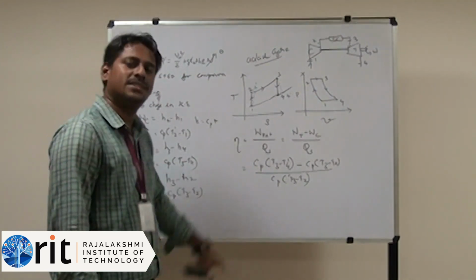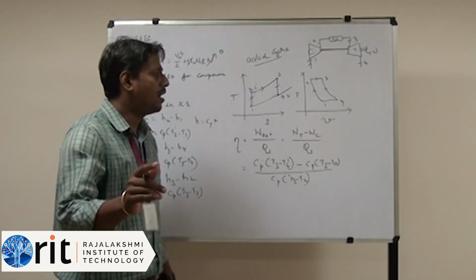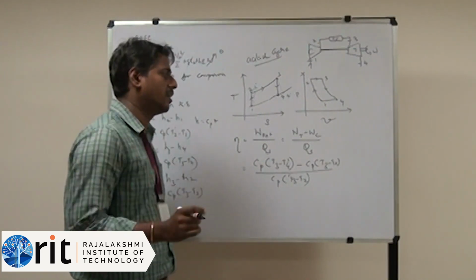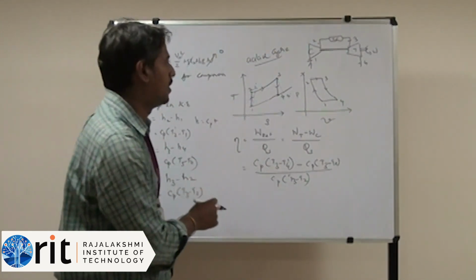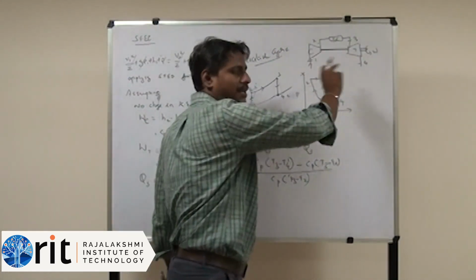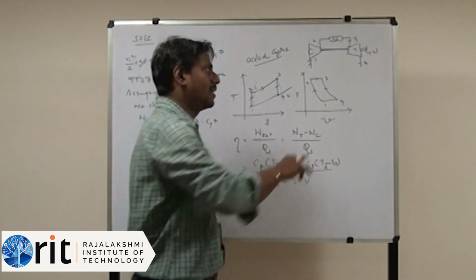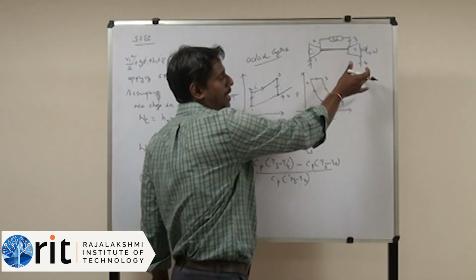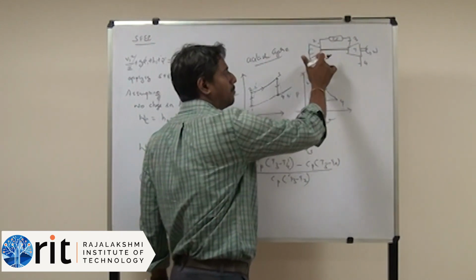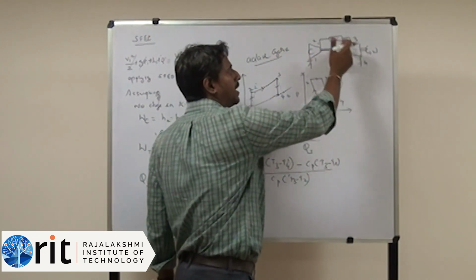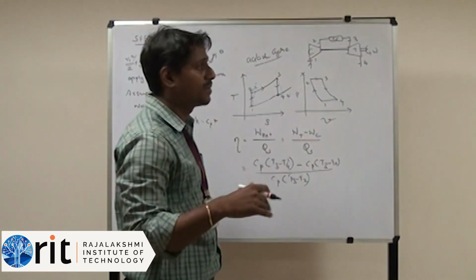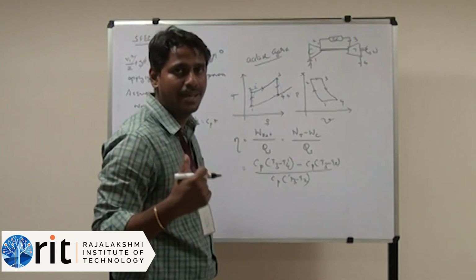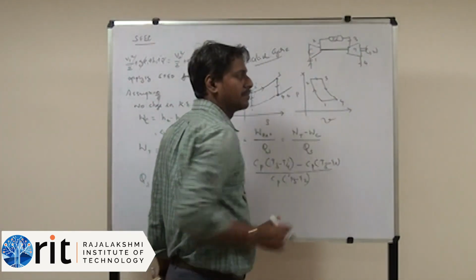We know Cp is constant. Actually, I forgot to tell you an important thing in the introduction itself. So we discussed the open cycle gas turbine power plant. It consists of three components: compressor, turbine, and the combustion chamber, where the compressor takes power in order to compress the gas, and you will get the power from the turbine.